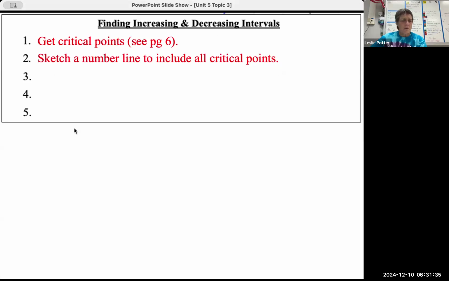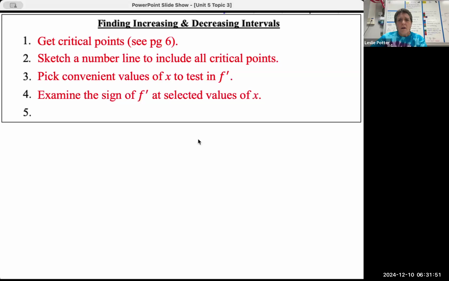So this number line is going to be a derivative number line. And then we're going to annotate that number line by picking x values between the critical points, so that we can put that into the derivative and see if the value of the derivative is positive or negative. And then we'll examine that whole number line and we'll make our justification.